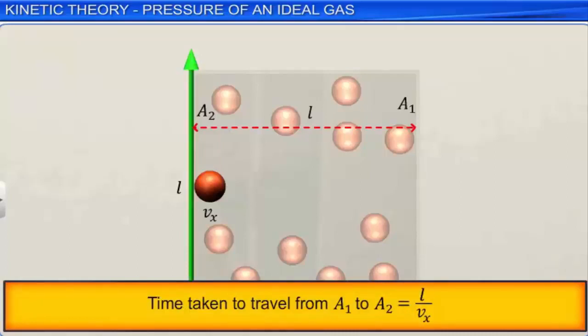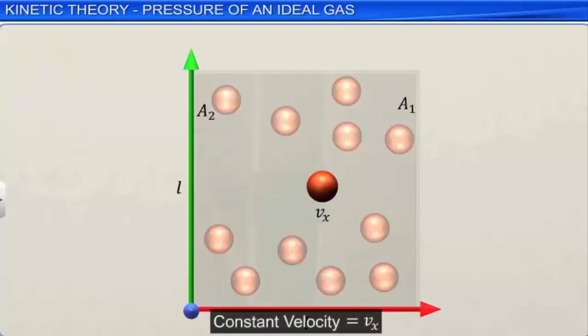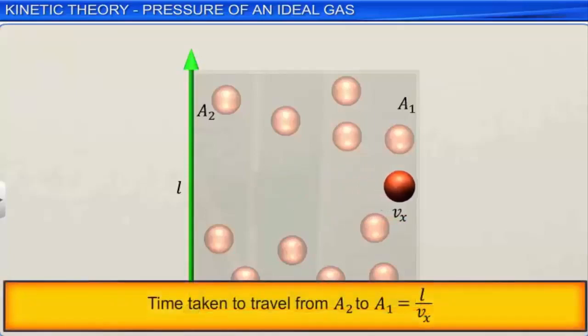The molecule, after colliding with face A2, rebounds and travels towards A1 with a constant velocity component Vx along the x-axis. The time taken to travel from A2 to A1 is also equal to L divided by Vx.